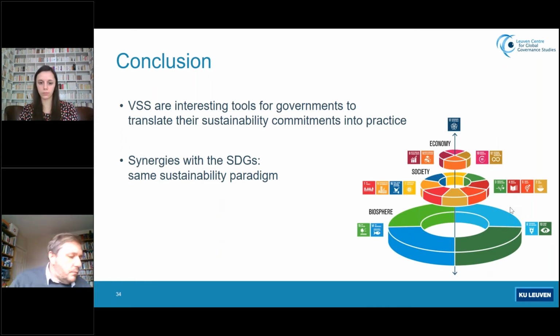Yes, well, there are certain VSS which I think are a bit more effective, like for instance the Fair Wear Foundation, and that's because they actually are very focused types of VSS. The Fair Wear Foundation basically only focuses on the production of textile, and then especially the sewing of textile in very specific countries.